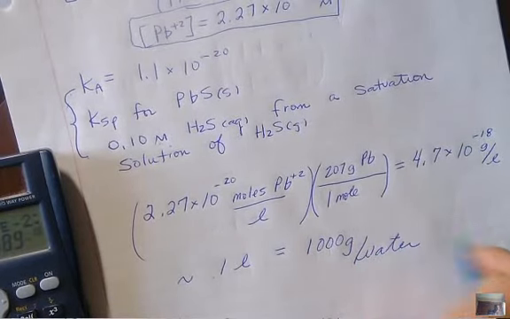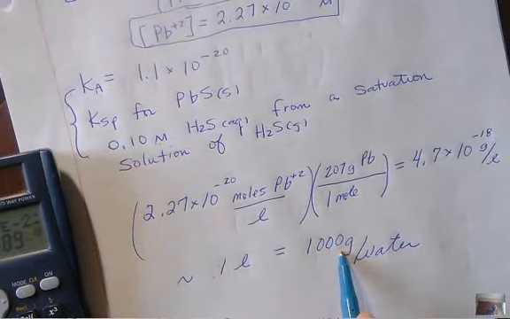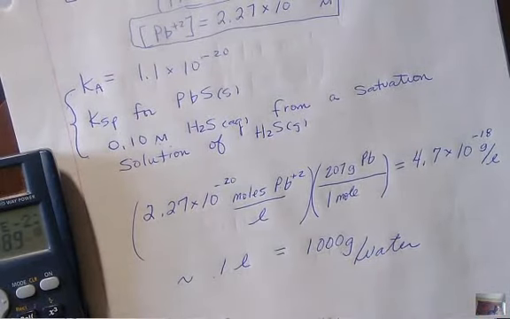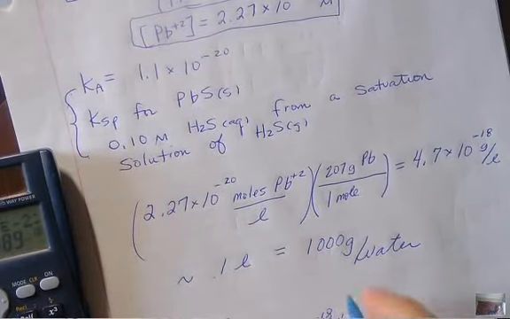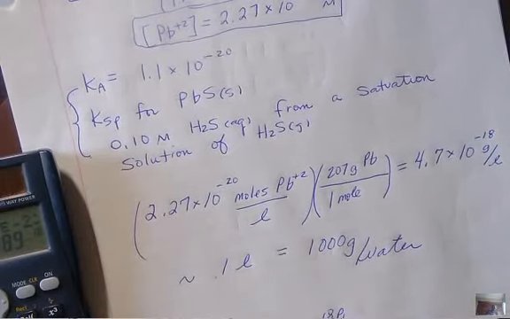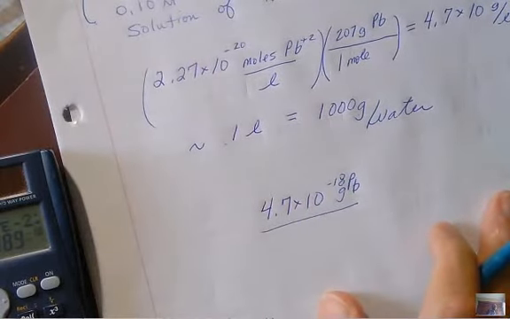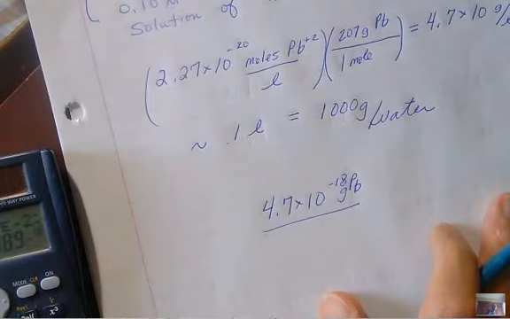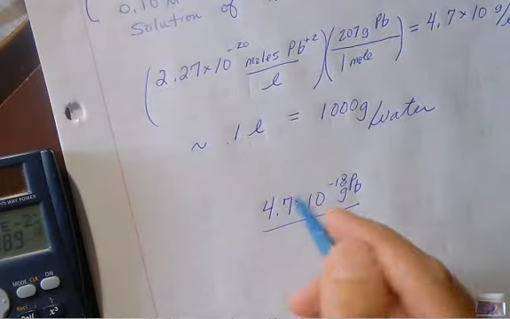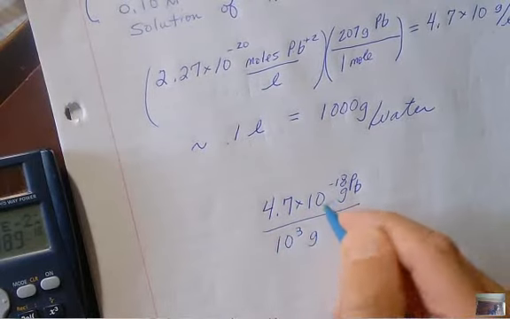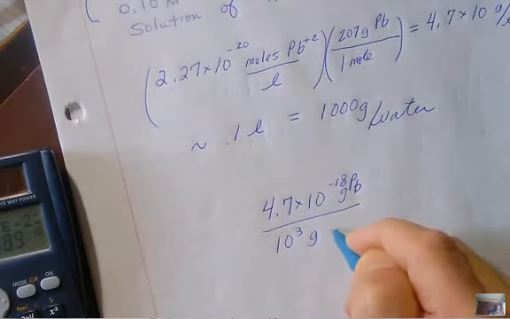Okay, and where does that come from? The density of water is equal to 1. 1 liter would be 1 kilogram. So I'm going to change my denominator for every 1,000 grams. So now I have 4.7 times 10 to the minus 18th grams of lead, divided by each 1,000, which is 10 to the third grams of solution, grams of water.